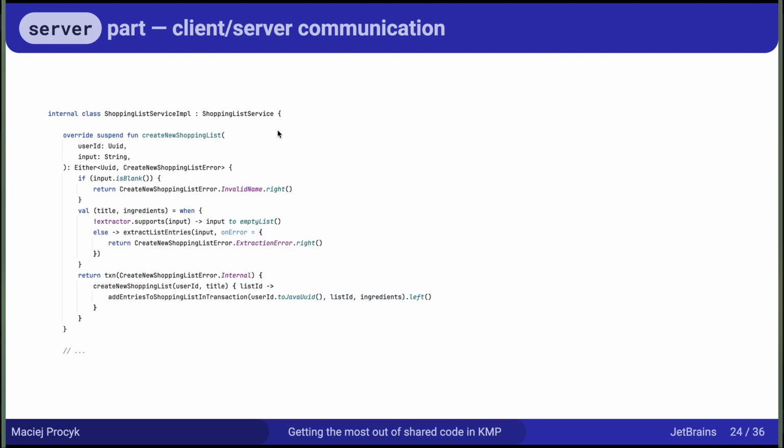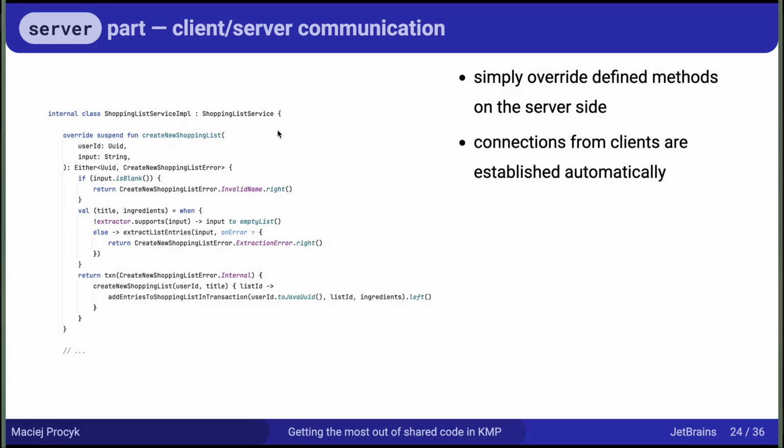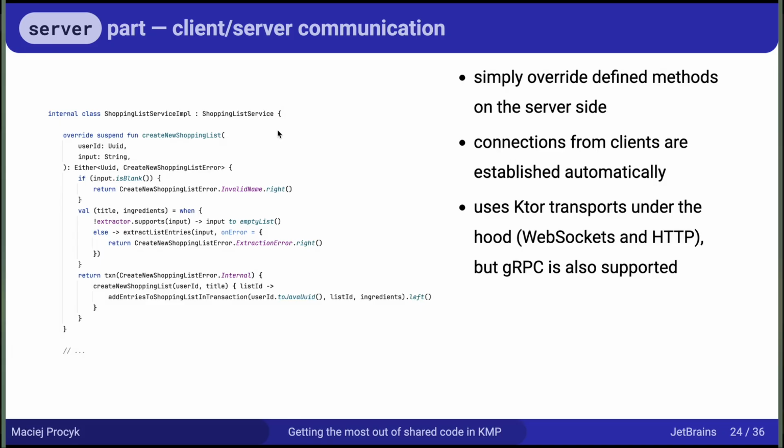So, for example, in this case, there's a simple implementation of the list creation, where we get the user's input, and we try to first extract some data from it, because it might be a URL to some cooking recipe from which we would like to extract the ingredients and put them as shopping list items.